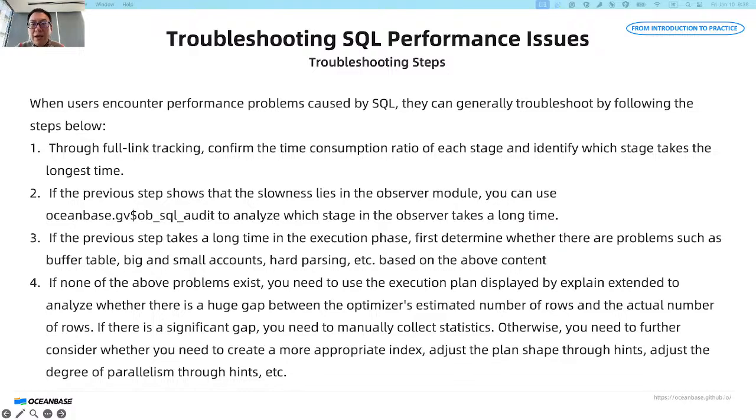If so, collect the stats manually. Otherwise, consider adjusting the index, execution plan, or parallelism with hints. Next, we will show you several tools mentioned in the above troubleshooting steps that are commonly used to analyze SQL performance issues.